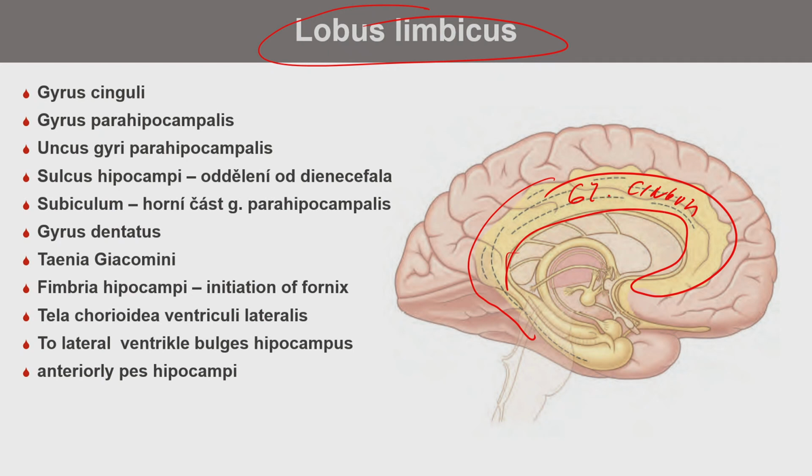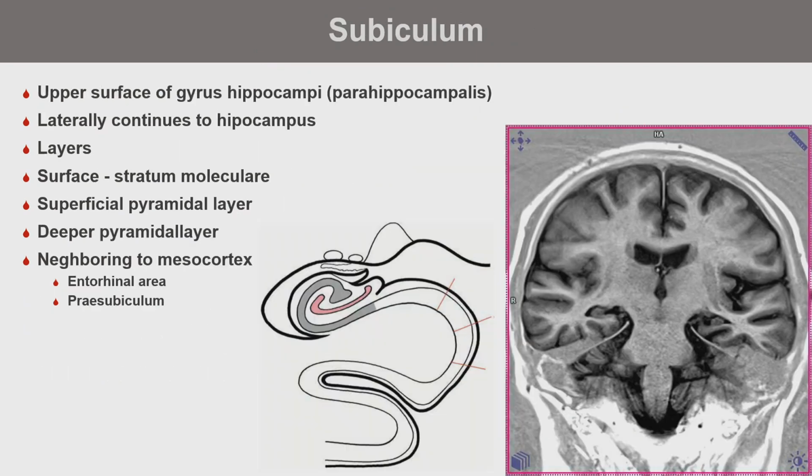I have mentioned that we have many structures associated with the limbic system. We will have one lecture specialized for the limbic system again, but now I have to show you again the structures of the subiculum and the hippocampus, which are key players in the imprint of memory and in the development of many important diseases like temporal epilepsy and Alzheimer's disease.